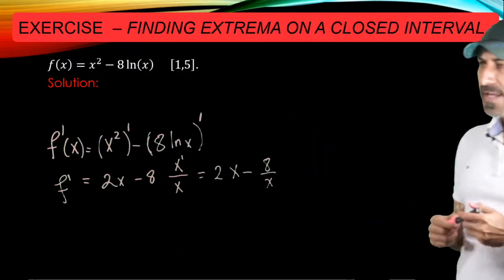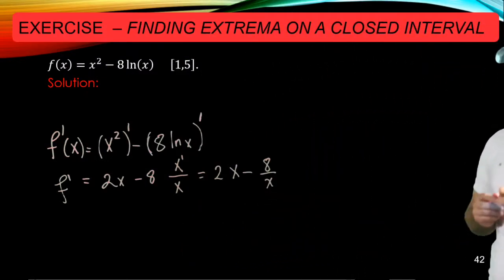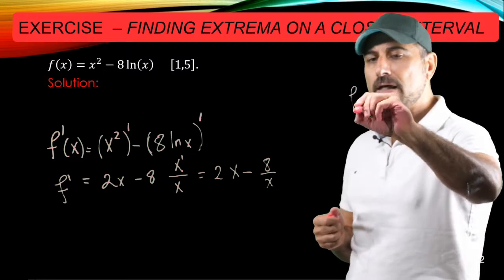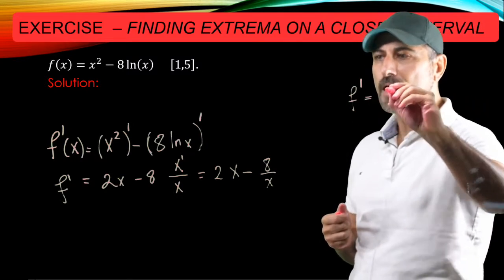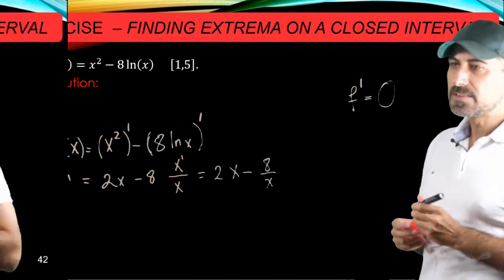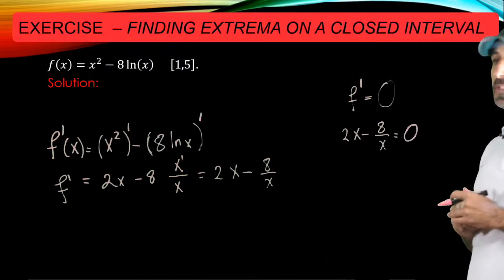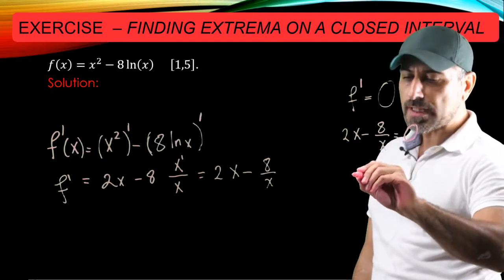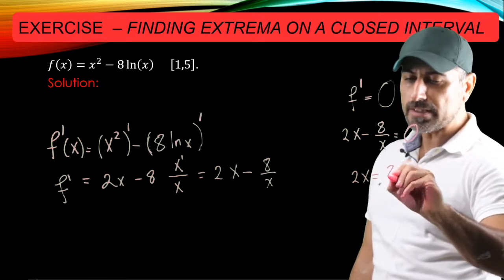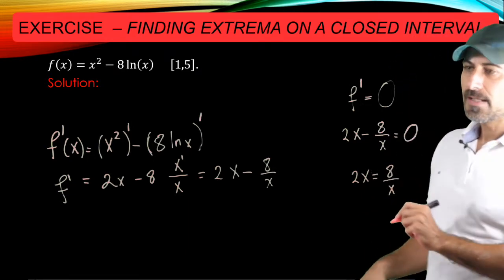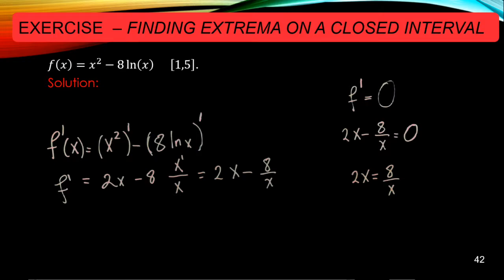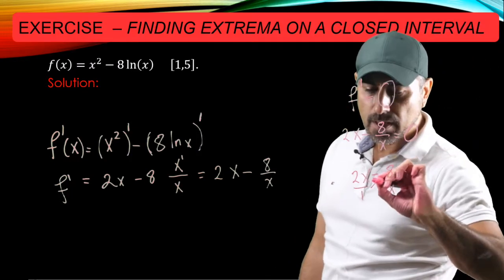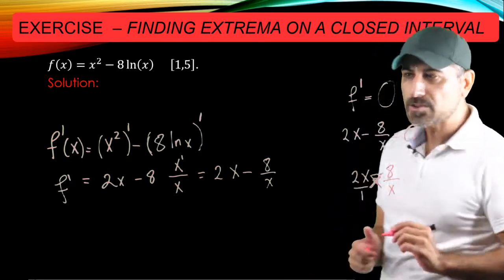And critical numbers of f are the numbers that make f prime 0 or undefined. So let's try to find x's for which f prime is exactly equal to 0, and solve this equation for x. Why don't we add 8 over x to both sides of the equation so that this looks like 2x equals 8 over x. And eventually we can do the cross products, right? To achieve that, why don't we put a 1 here and look at these cross products.